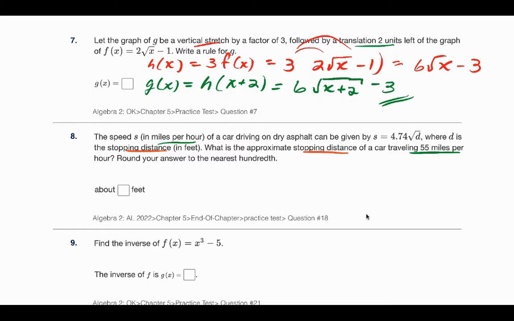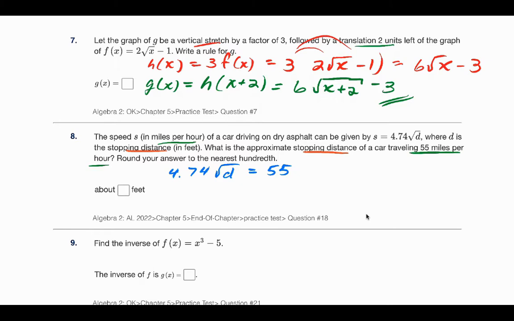So 55 miles per hour, that's telling us that is our S. So if that is our S, what we're going to have to do here, ladies and gentlemen, is we're going to have to solve for D. So we're going to take our 4.74 times the square root of D is equal to, well, our S is now 55 miles per hour.